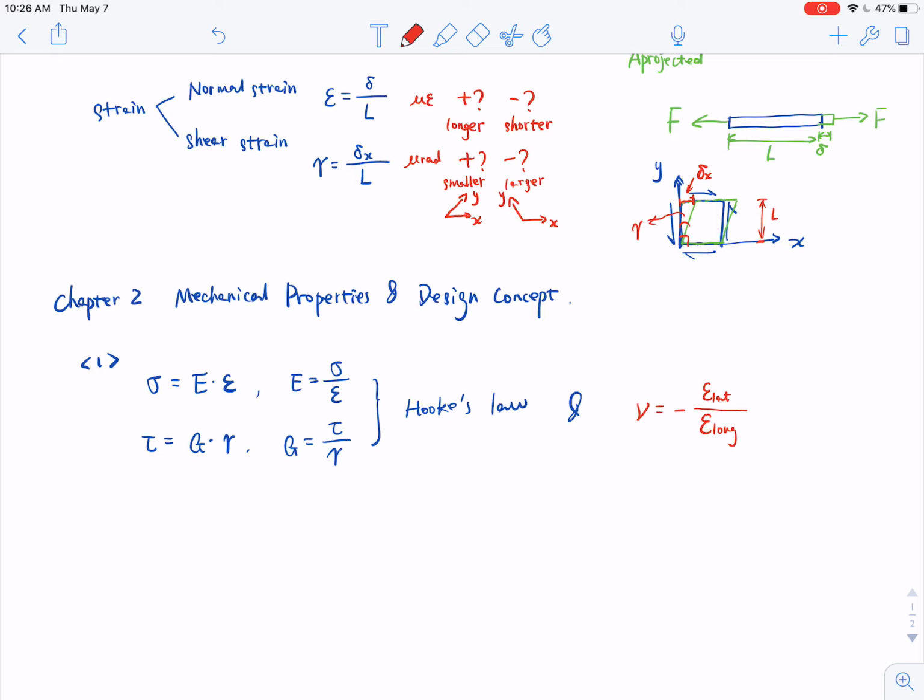So here comes a question, since many students made that mistake yesterday in the discussion problem. Here is the first question for Poisson ratio. Is the Poisson ratio for a normal material a positive or negative number?